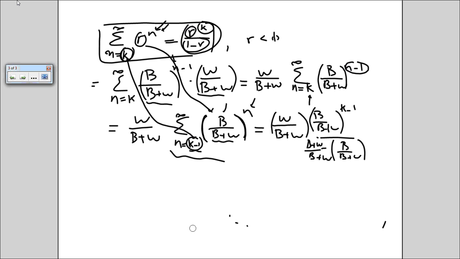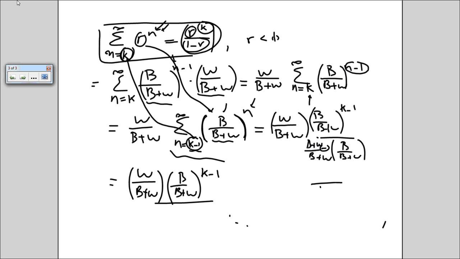So I have w over b plus w times b over b plus w to the k minus 1, divided by, now in this subtraction we have the same denominator, so I subtract the numerators: b plus w minus b. The b's cancel.